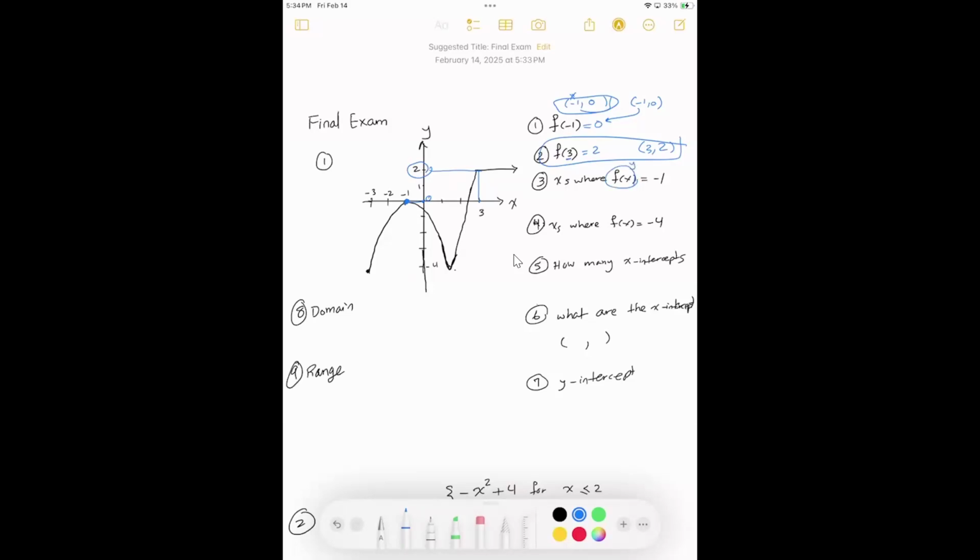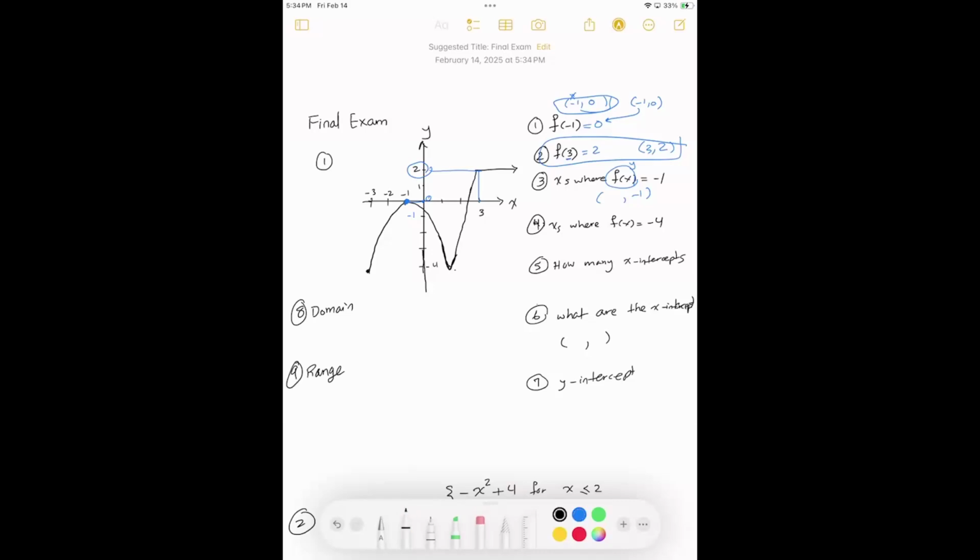It says find the x's where f of x is -1. So it says when y is -1, what is the corresponding x? So go to -1 on your graph, and then try to read the corresponding x values.